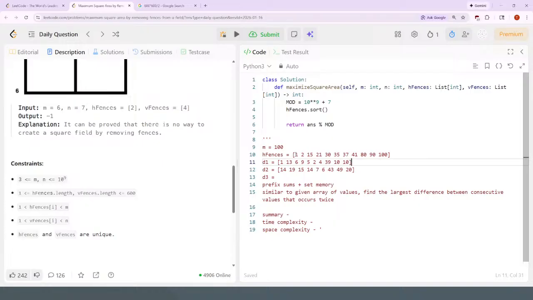Could I use some sort of heap? I don't think a heap would work. It would be too large, really. 180,000 values in your set. That's a lot of values.